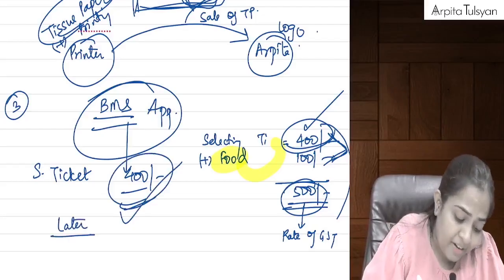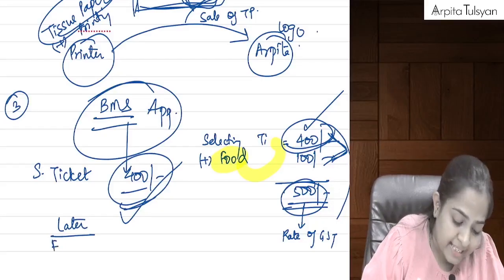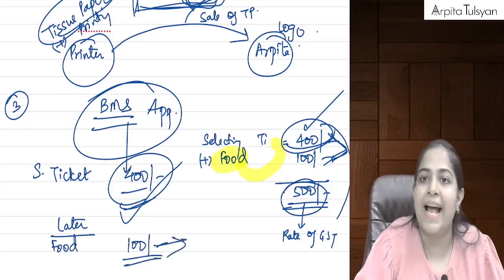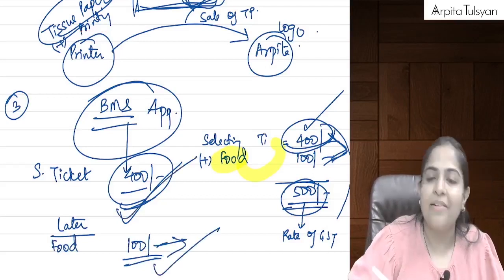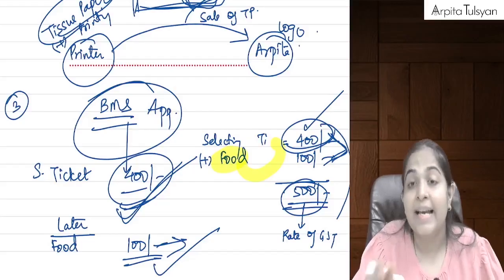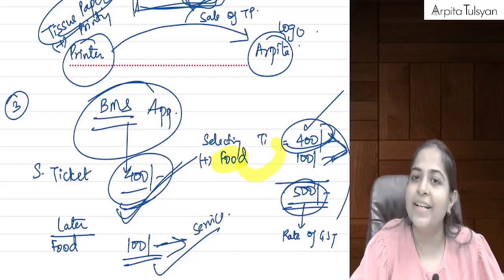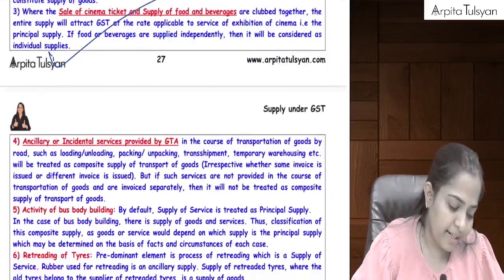Later when I go to the movie theater, I feel hungry and if I decide to eat some food, and let's say I pay 100 rupees later, then this will be considered as a separate supply. So 400 was different and this 100 will be considered as a restaurant service. Are you able to understand this? Yes, that is given here in case of movie tickets.